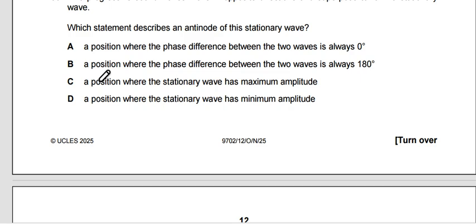Again, not the definition. Position where the stationary wave has maximum amplitude. Yes, this is the correct answer. Just to remind you, both A and B are related to constructive and destructive interference.